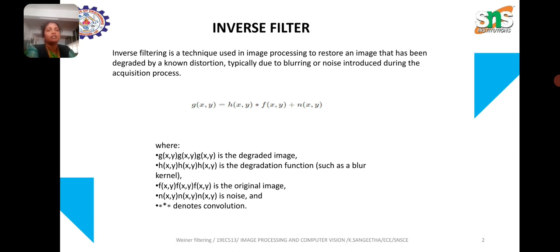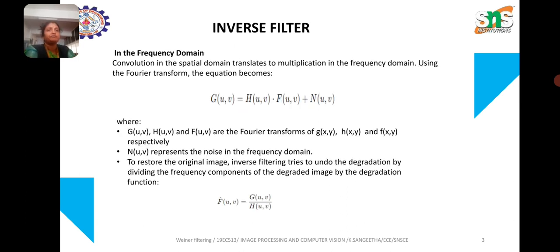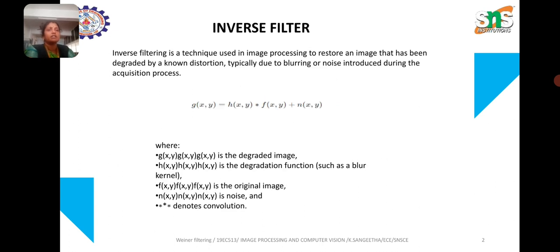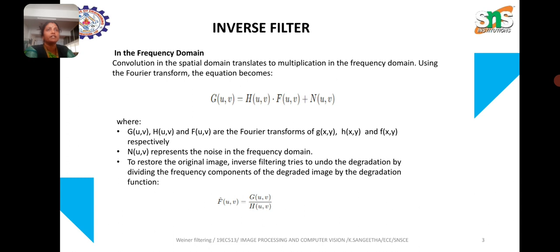It is denoted by g(x,y) = h(x,y) convolved with f(x,y) + n(x,y), where g(x,y) is the degraded image, h(x,y) is the degradation function, f(x,y) is the original image, and n(x,y) is the additive noise, and the convolution symbol denotes convolution. This is the derivation for the inverse filtering.